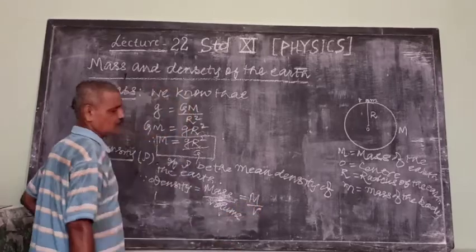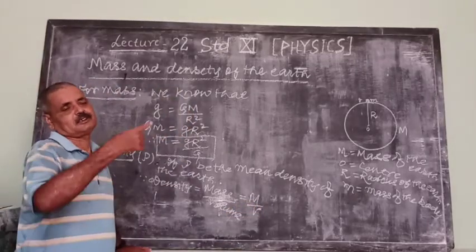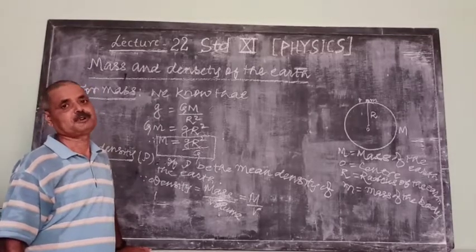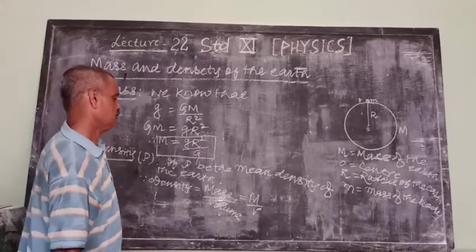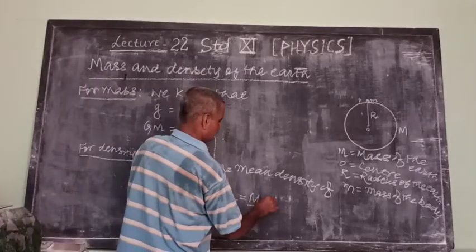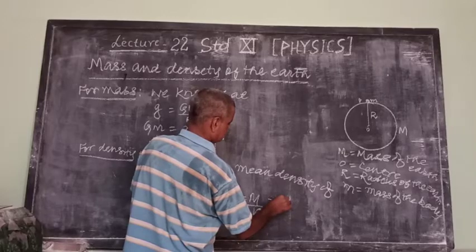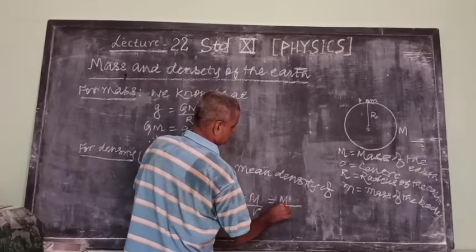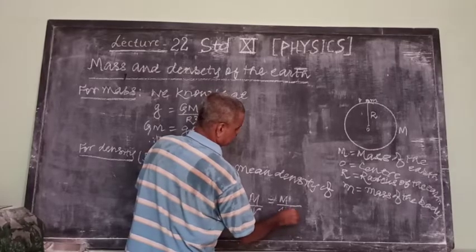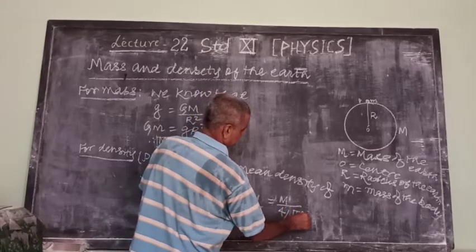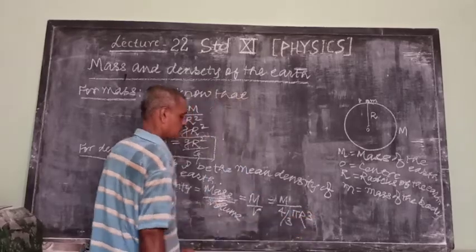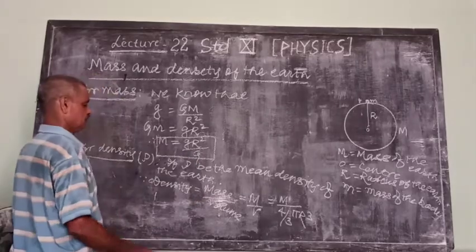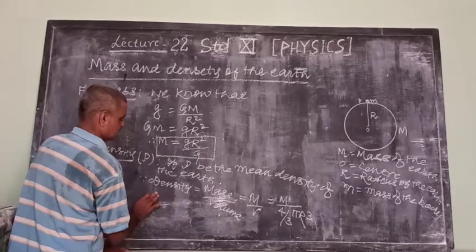So what is the volume of the Earth? It is considered to be a solid sphere. In that case, what will be its volume? 4 by 3 pi r cube. This M by this 4 by 3 pi r cube is the density.